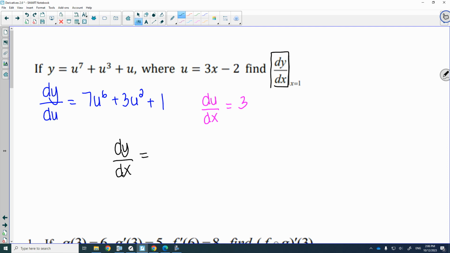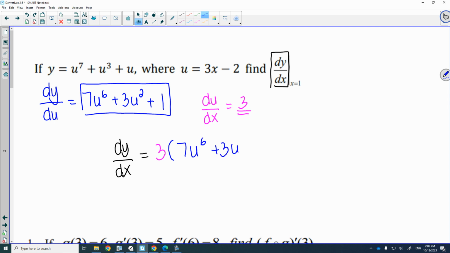And I know that dy dx is by this function, by this function. Now I'm actually going to write the 3 in front. And I'm going to multiply that by 7u6 plus 3u squared plus 1.